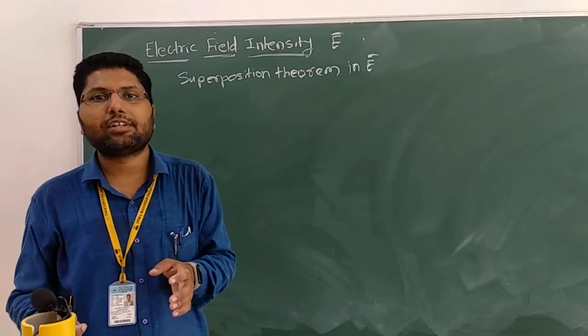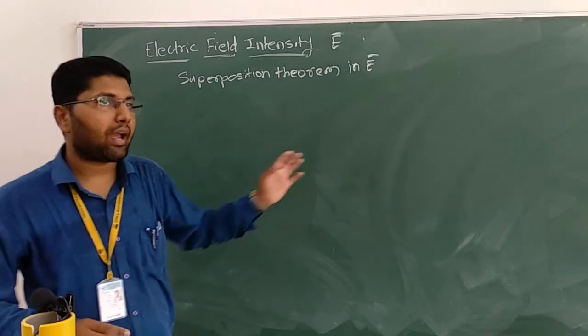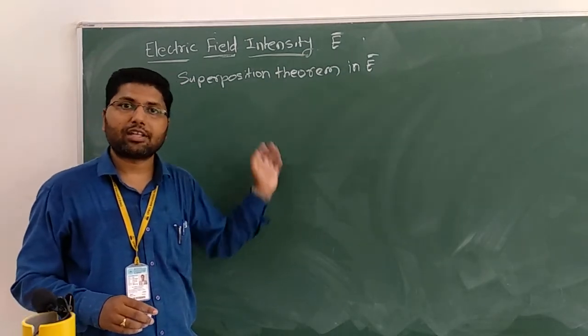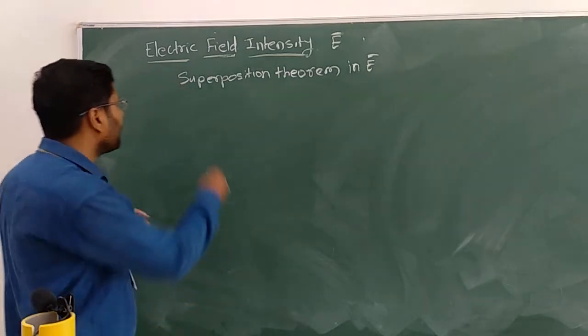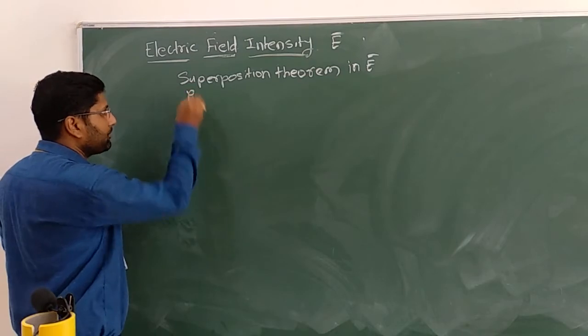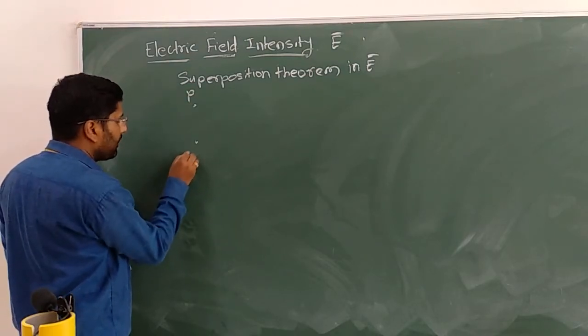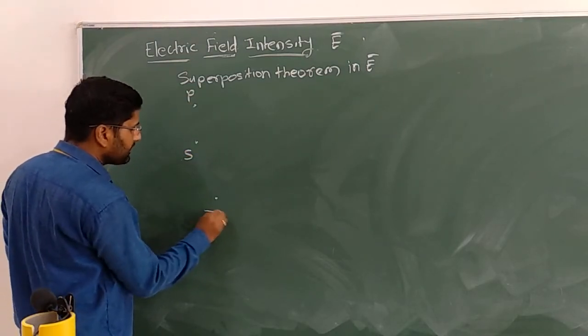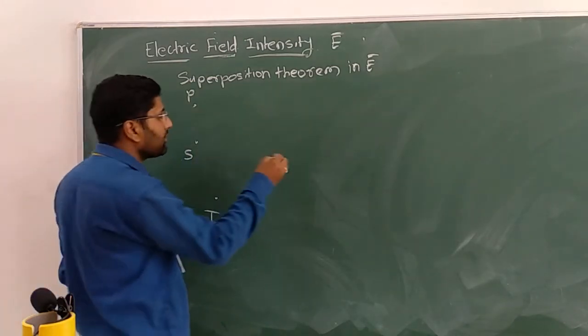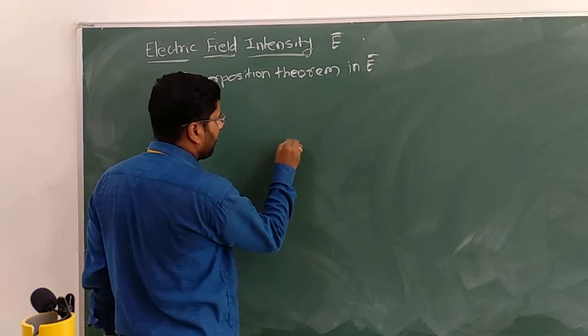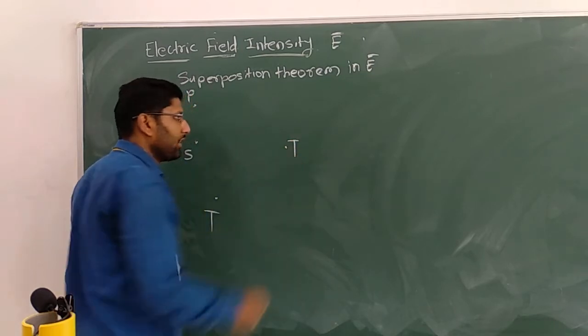Inside the electric field intensity, you have to calculate by adding all the electric field intensities applied on the test charge. Suppose a P charge is given, then an S charge, and a T charge, and you have to apply. Take T as the test charge.